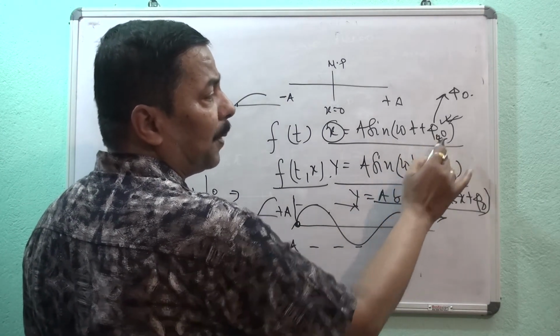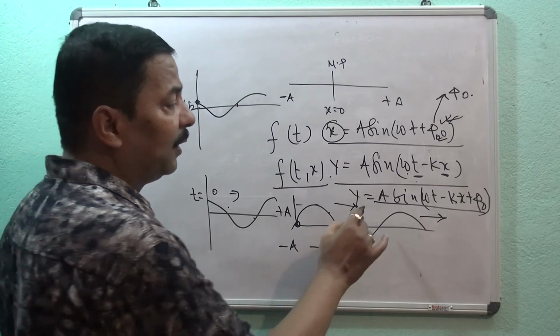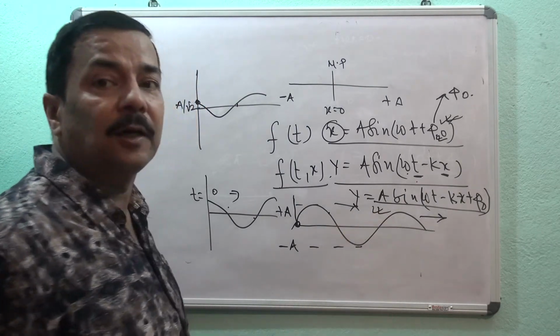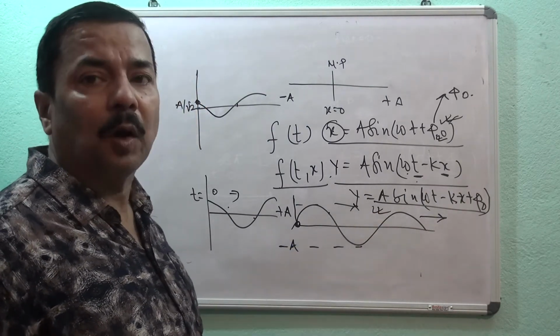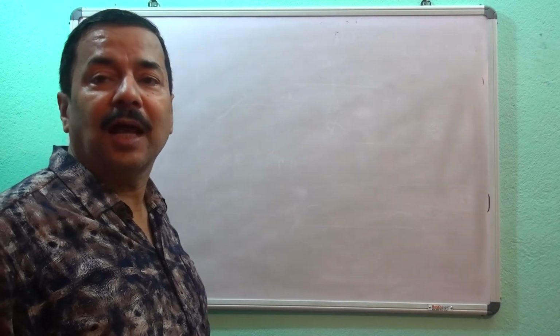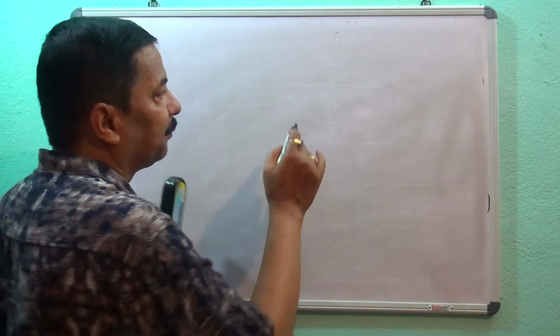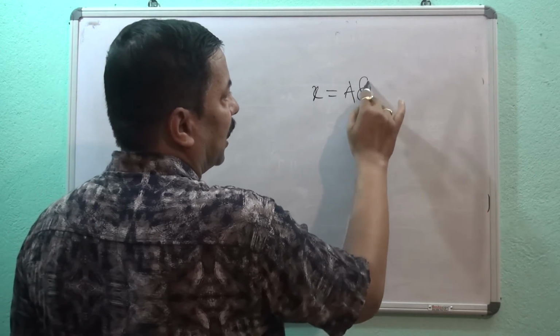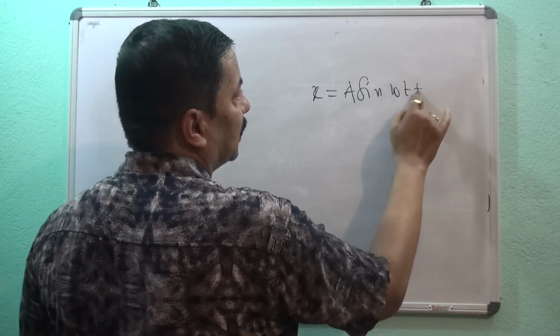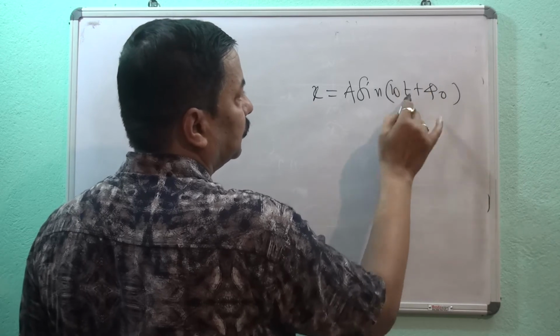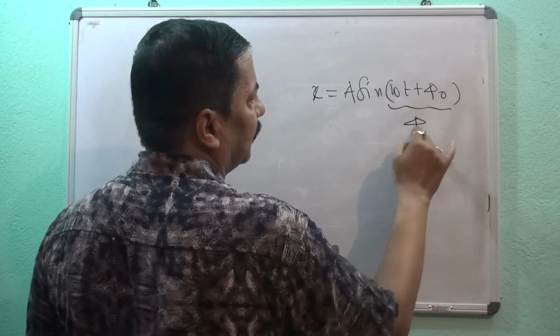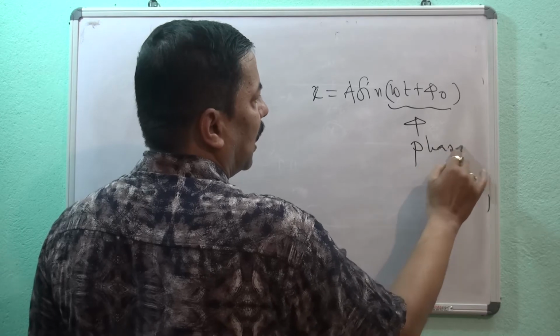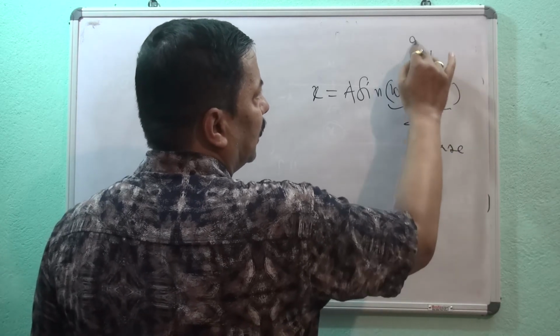This is basically the part of SHM, but here we will require this thing. So I am trying to discuss this thing also with you. I am trying to calculate the initial phase. x equals a sine omega t plus phi naught. This complete thing is your phase, and this is your initial phase.